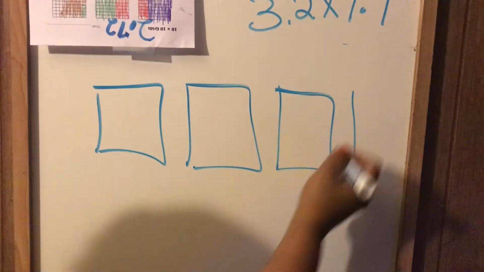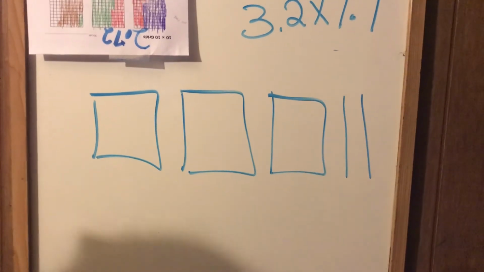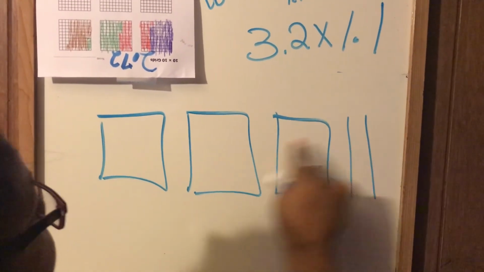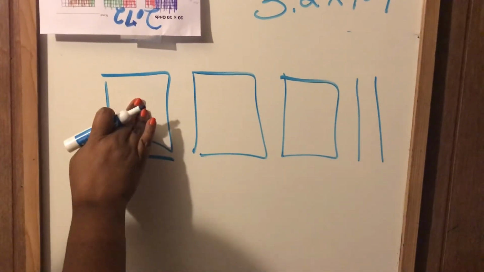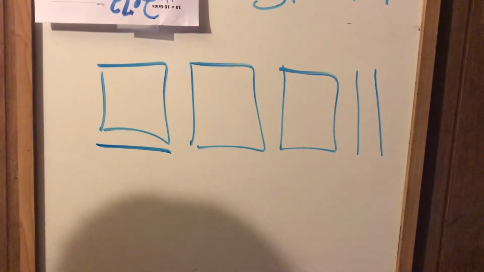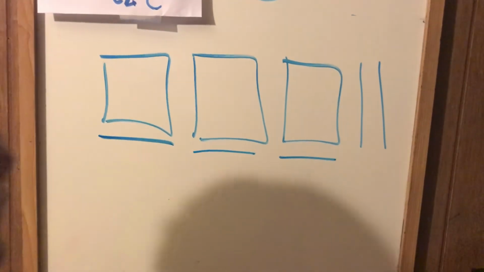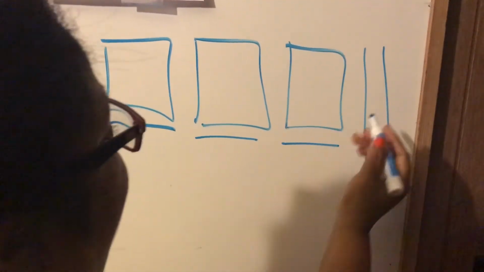That's 3 and 2/10. So this tells me I need 1 and 1/10. So I have here 3 and 2/10, and here I need 1 and 1/10. So that is already 1. Now that's a 10. I have to finish filling in my grid so it could be a square all the way around or a rectangle. Fill it in. Well, look at this. I cannot put another tenth here, but what I can put there is a hundredth.